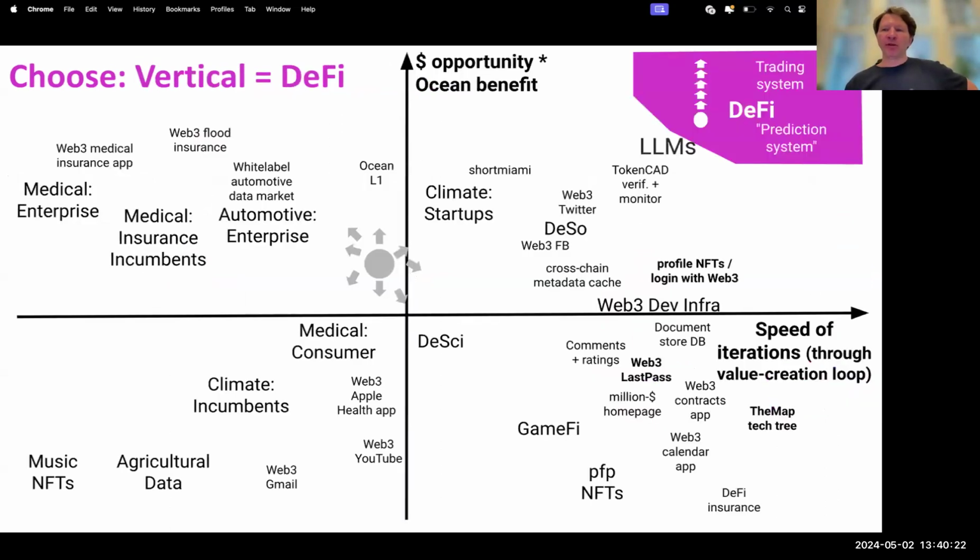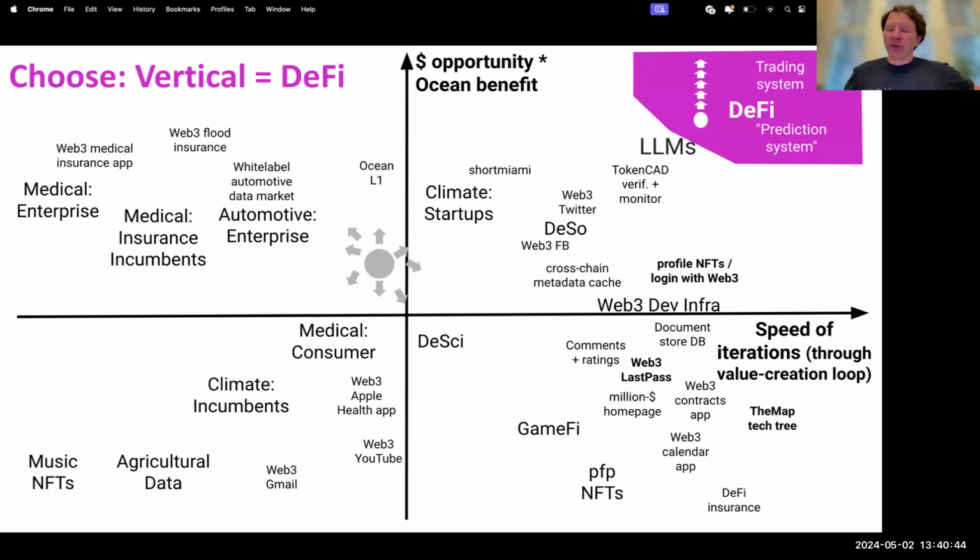Which vertical? DeFi, right? Because, well, it's at the very top. And of course, we ourselves are in blockchain and very adjacent to DeFi. We have a lot of experience ourselves in DeFi, in Ocean, as users as well as advisors, et cetera, right? And of course, with Ocean itself, we have tokenized data.